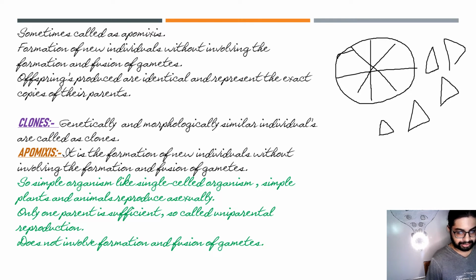So there is nothing left with the parent, and the parent's body is equally distributed in the children. So we can say that in a way there is no mortality in case of asexual reproduction.